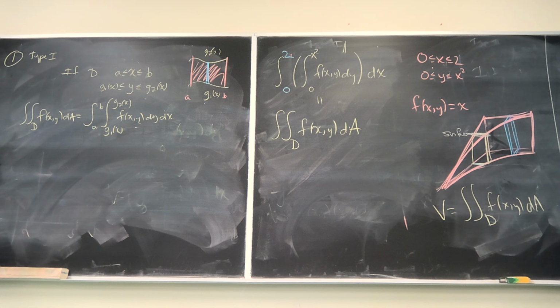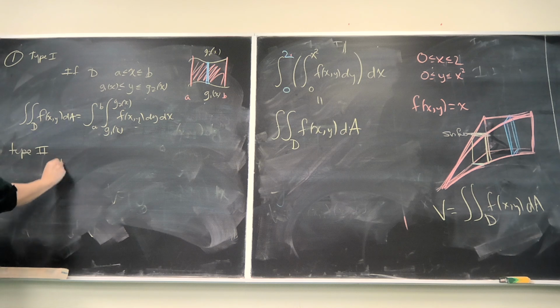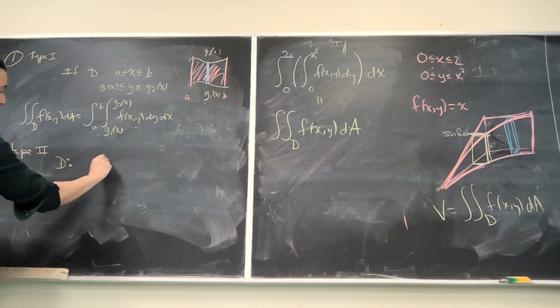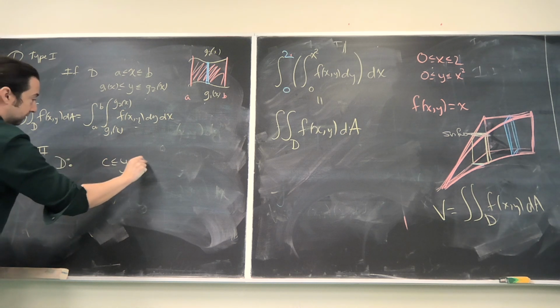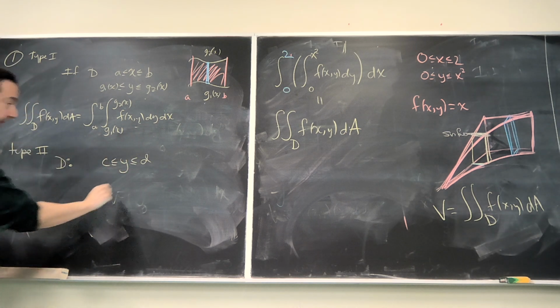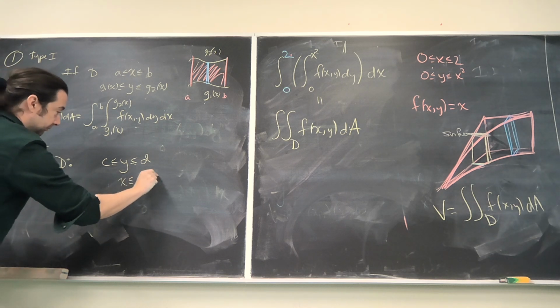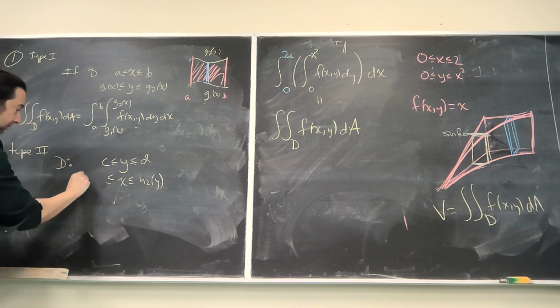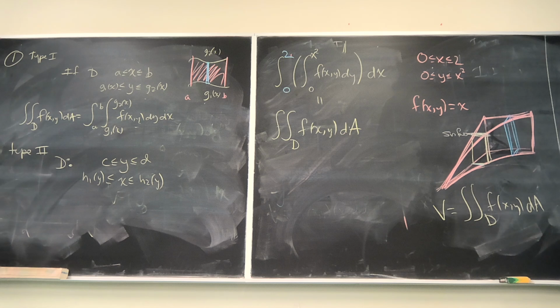And then the type 2 integrals, this is case 2, which the book calls type 2, says, okay, well, it's also possible that you could have a domain D where the y values are trapped between constants, and the x values are trapped between functions. So now instead of having slices cut one direction, we have slices cut the other.